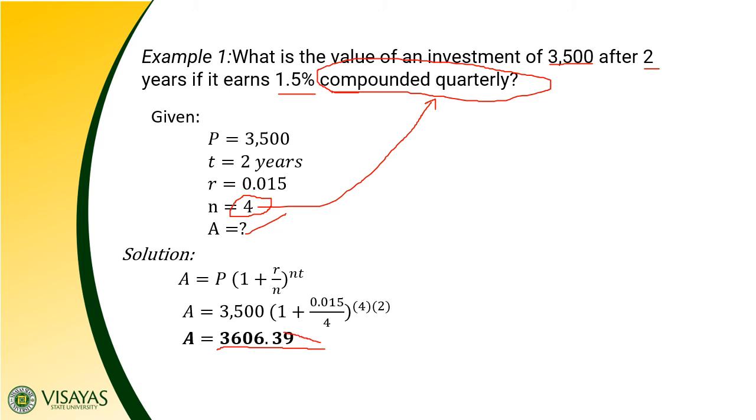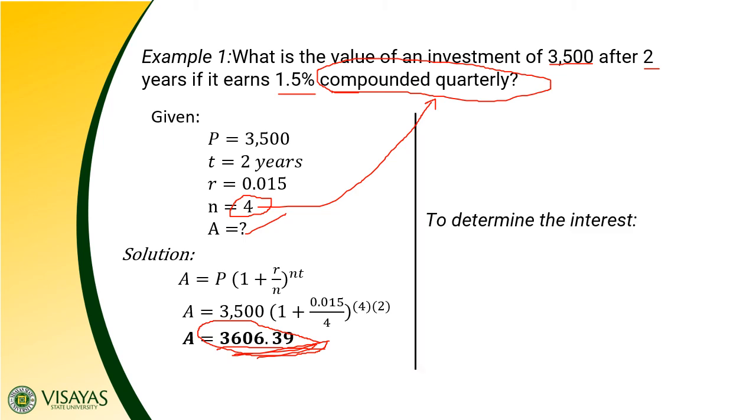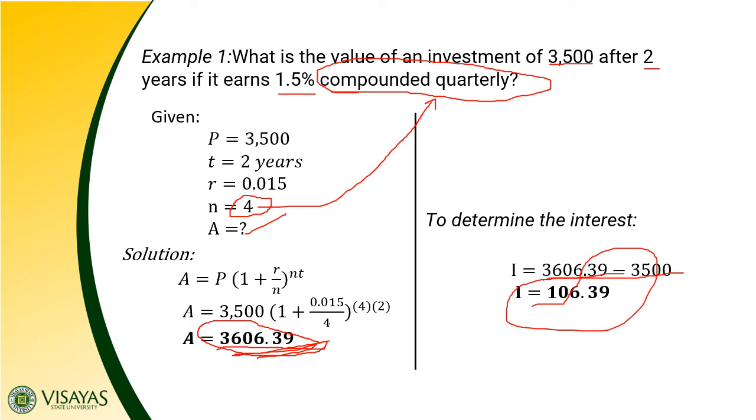Ibig sabihin, after 2 years, yung 3,500 natin na 1.5% compounded quarterly is aabot siya ng 3,606.39. Okay? And to determine the interest, para makuha na yung interest, just simply subtract the future value minus yung initial amount. So we have here 106.39. Ibig sabihin, in 2 years, yung tubo niya is 106.39.